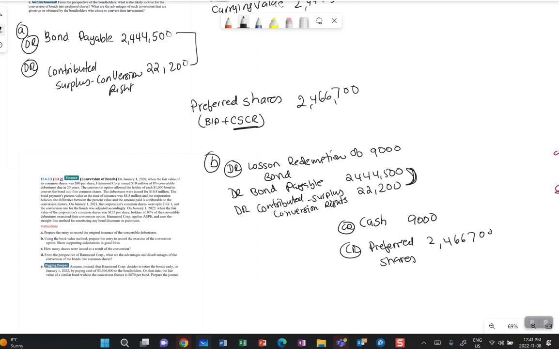Again, the value of your bond and the value of your contributed surplus, conversion rights, added together give you the preferred shares.